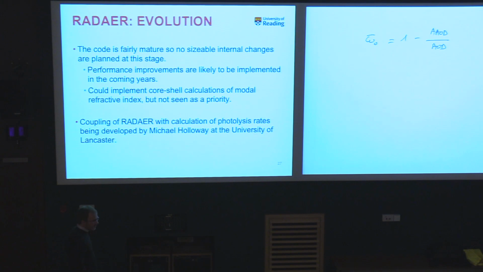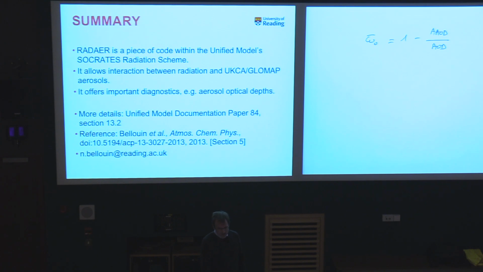But Michael Holloway has been working on linking RADAER to the photolysis rate calculations, and he's made good progress. There's now a branch that does that, and he may mention that tomorrow. So that's it really.